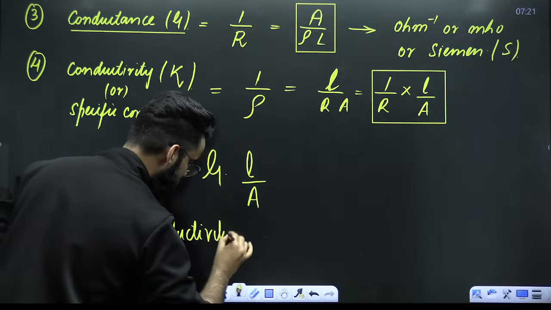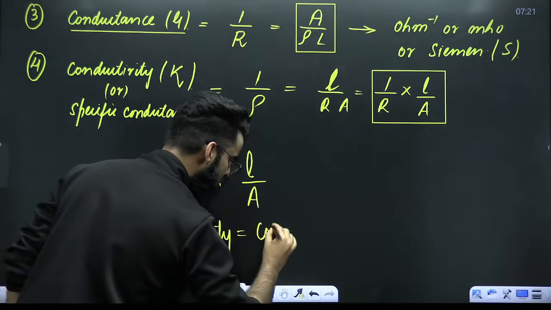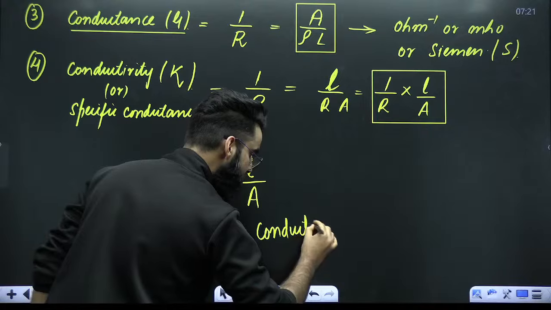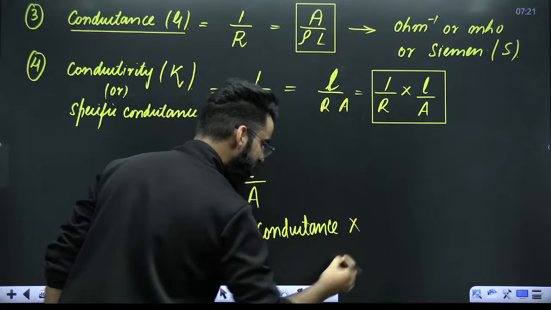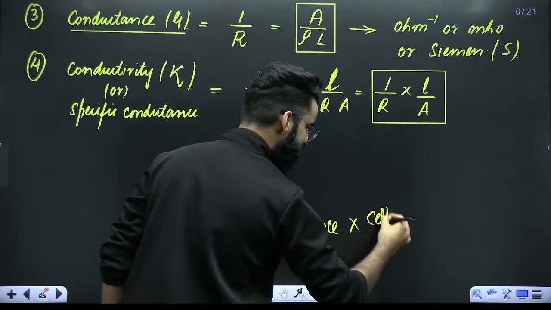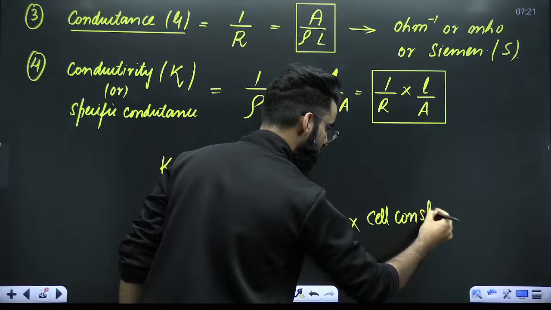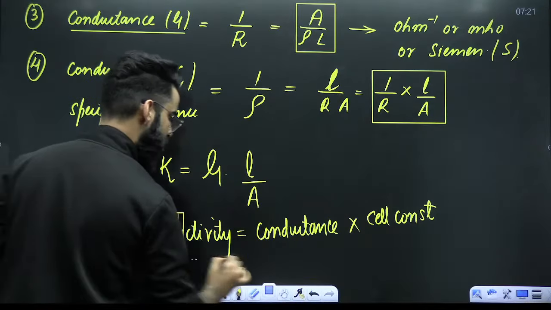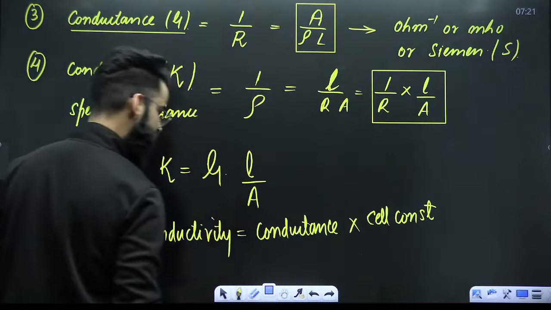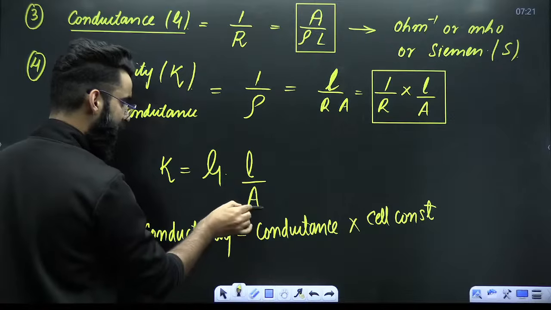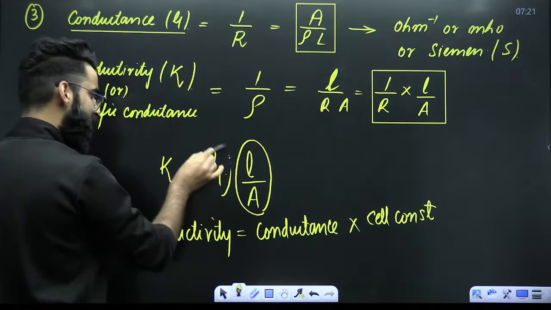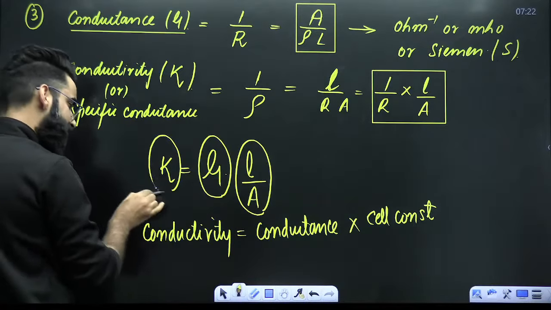Conductivity is always equal to conductance multiplied by cell constant. Your cell constant is L by A. This is cell constant, this is conductance, and this is conductivity.